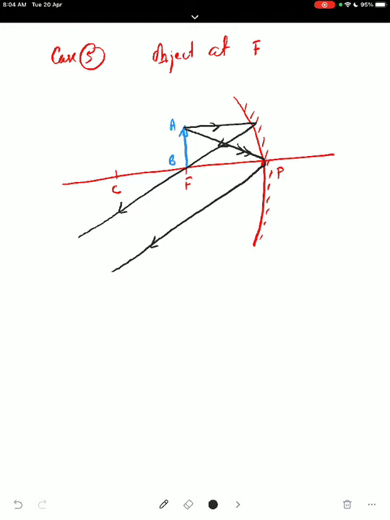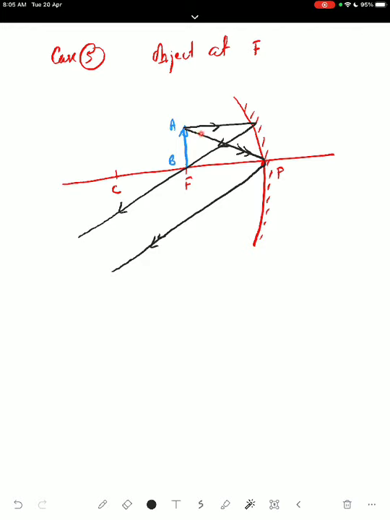So two rays are here. The first ray parallel to the principal axis after reflection passes through the focus. For convenience, we can use any ray out of four.